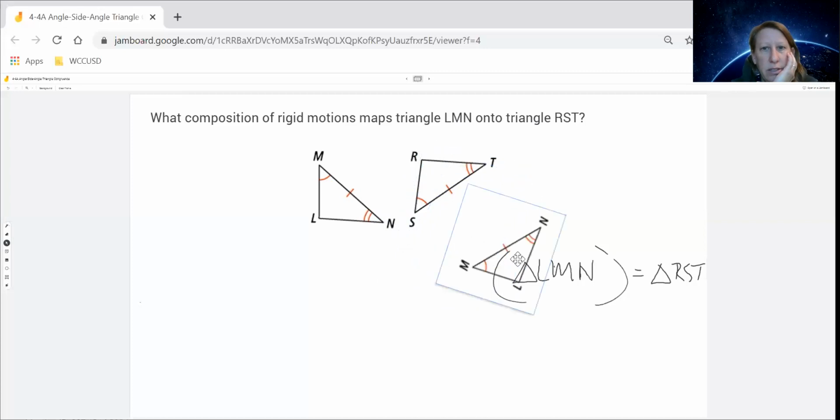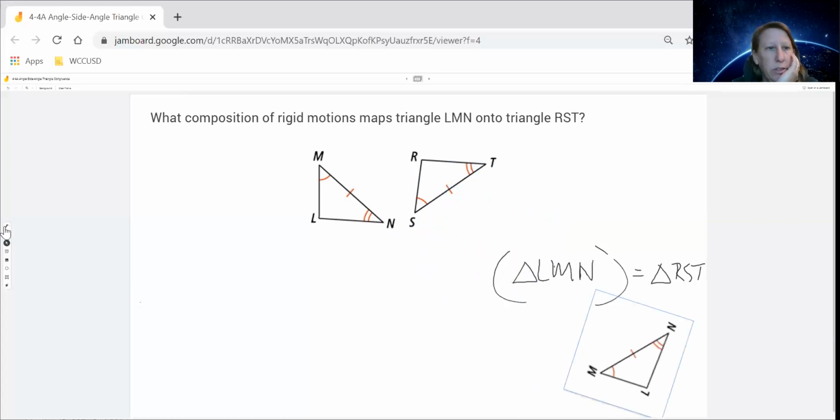Okay, so M is still on S. And then what's the last step that I'm going to need to do? Once I get it right up next to it, I'm going to flip it over. Okay, so that's my plan. I'm going to first translate the whole triangle, so M goes exactly onto S. Oops, let me write that a little closer.